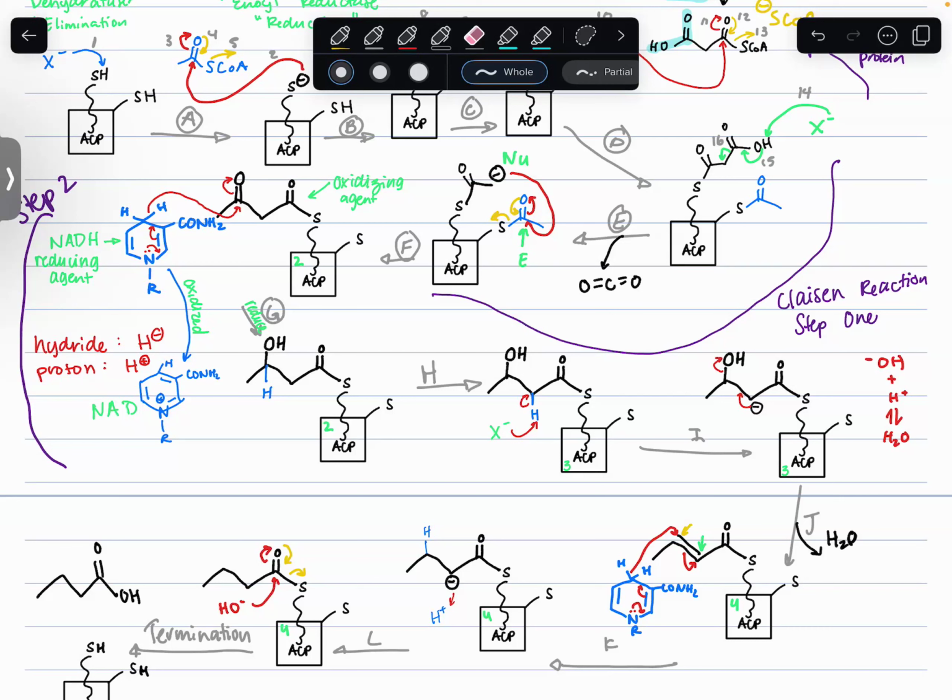What were the two things you said? Each one uses 2 NADH. So when you know a fatty acid, it'll say like C10 or C12 or C32. That tells you how many rounds it's gone through, because every round is an additional 2 carbons, and each round requires 2 NADH. You add 2 on each round.